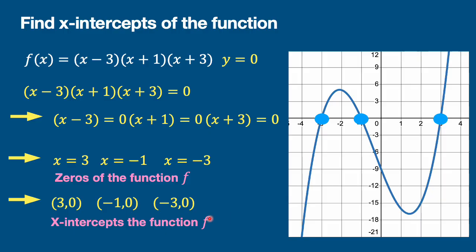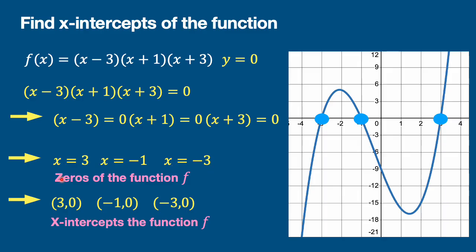Now, this represents the x-intercepts of the function f. Then these are named the zeros of the function f. Guys, you see that? So at the bottom we find the x-intercepts of the function f: x equals 3, x equals negative 1, x equals negative 3.